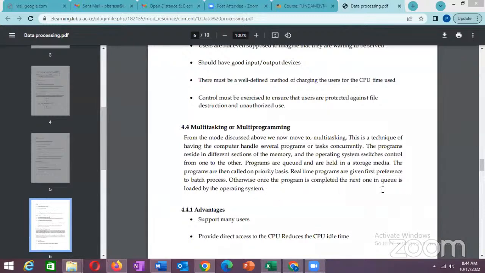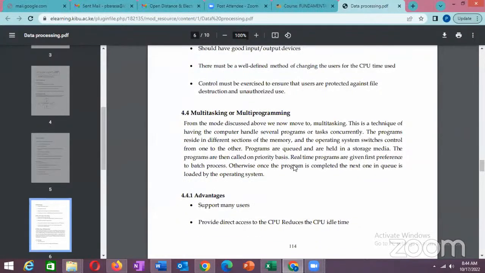So from the mode discussed above, we are now looking at multitasking, or multi-programming. This is a technique of having the computer handle several programs or tasks concurrently. The programs reside in different sections of the memory, and the operating system switches control from one to another.